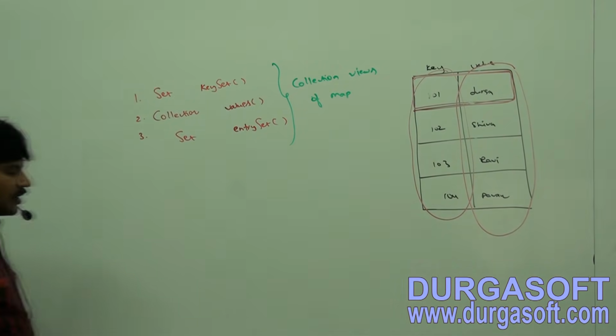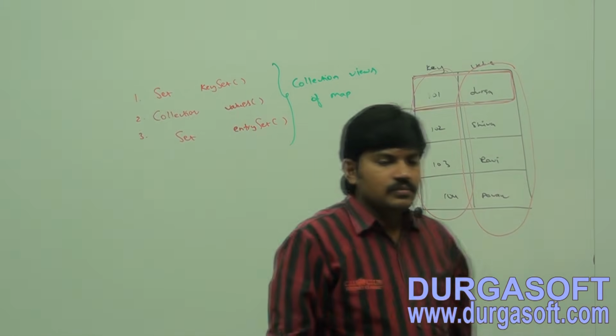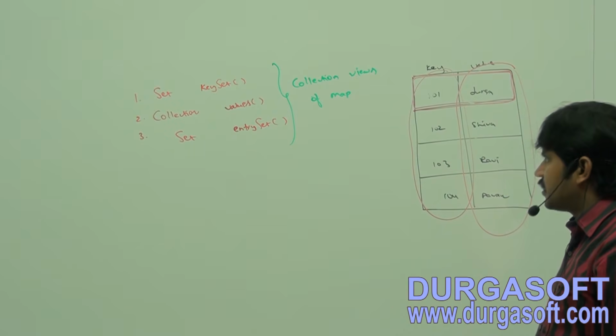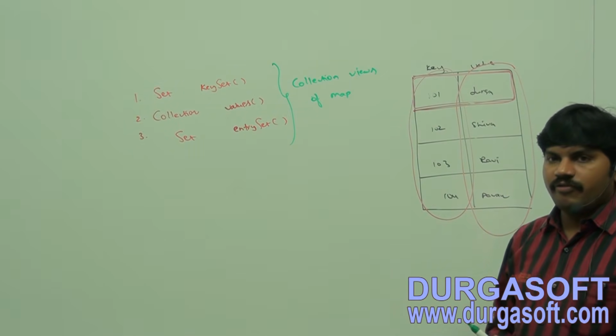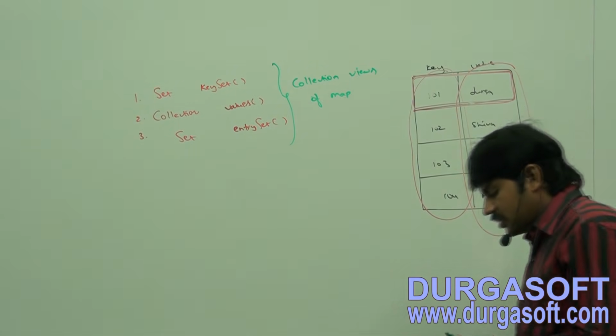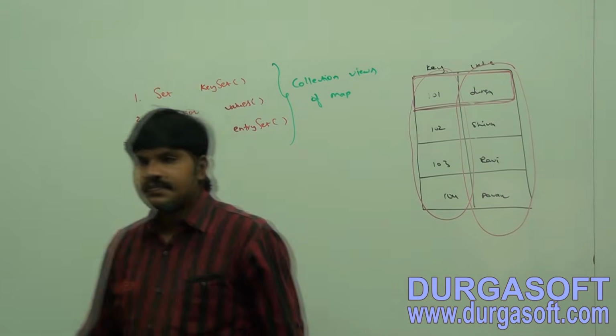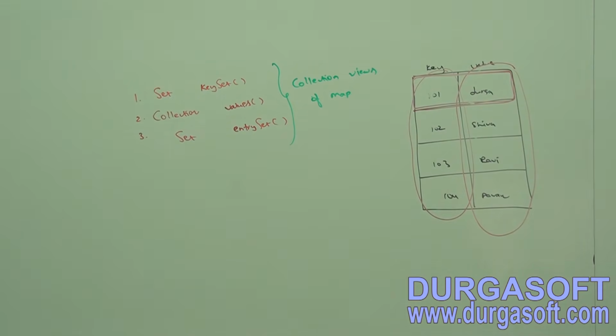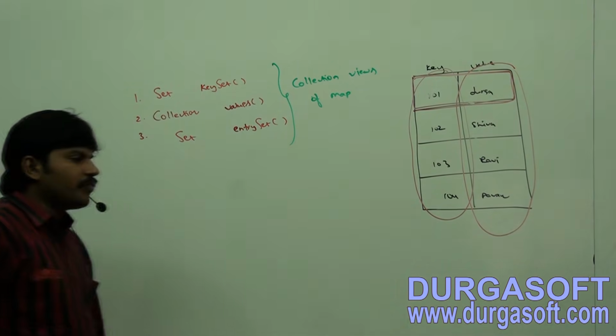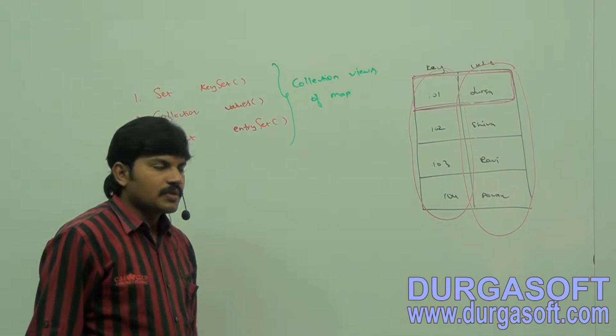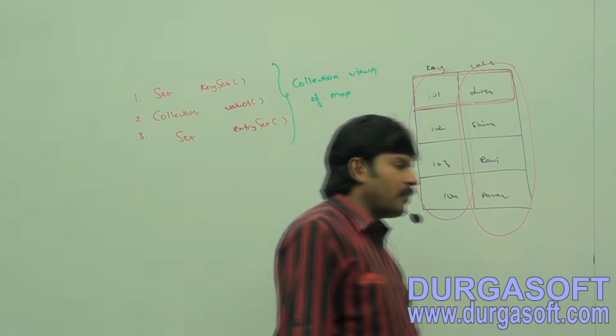Set keySet, Collection values, Set entrySet. These three methods are by default considered collection views of map.